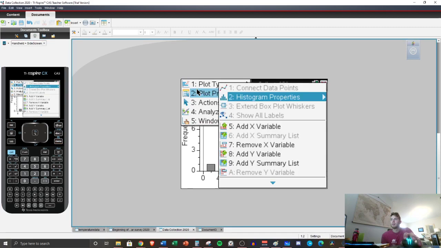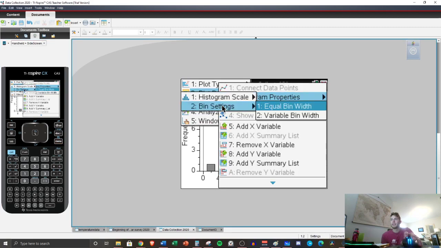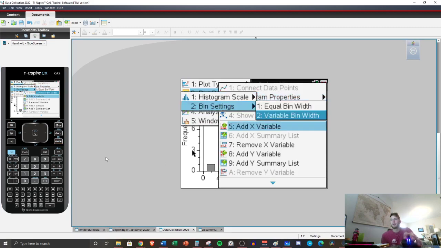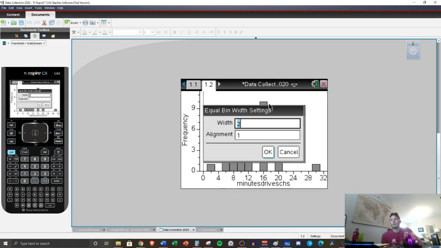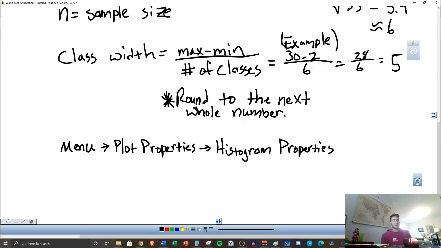Menu, plot properties, histogram properties. Bin settings is what we want. And we're going to click equal bin width. So let me go back and do that. So histogram properties, bin settings.